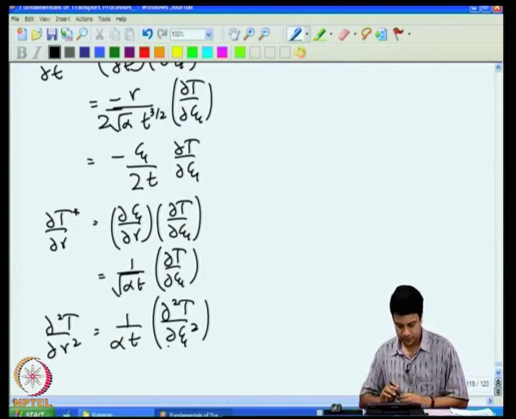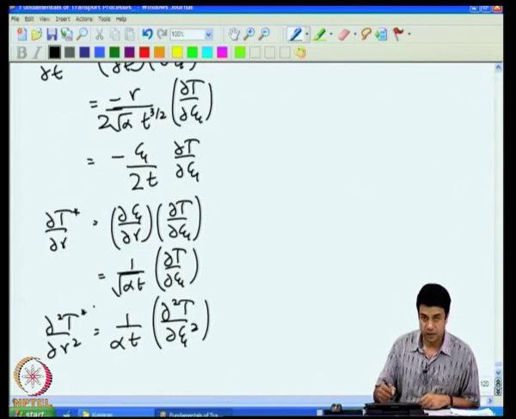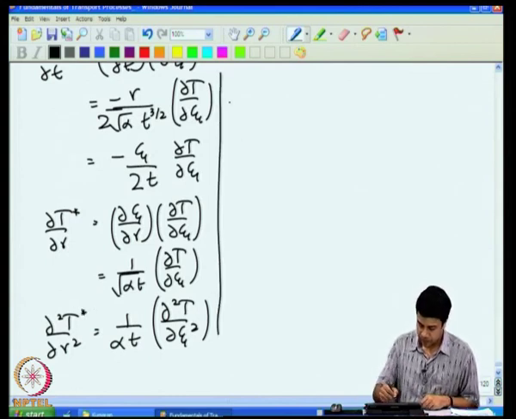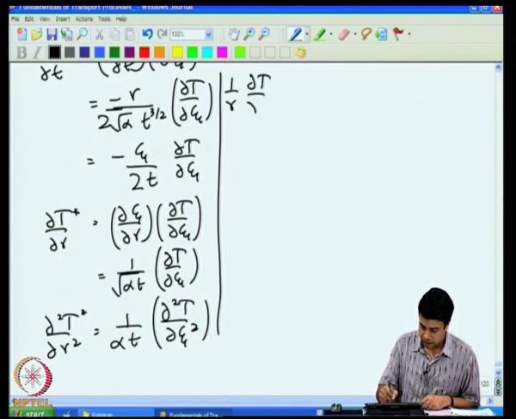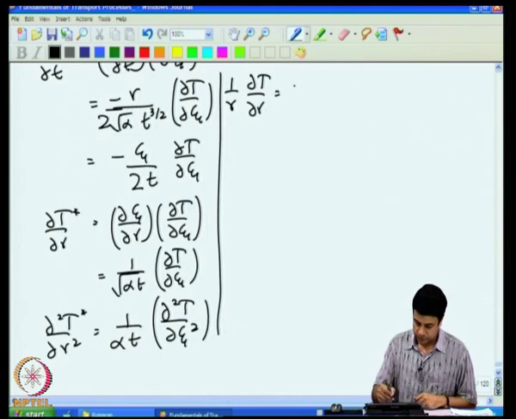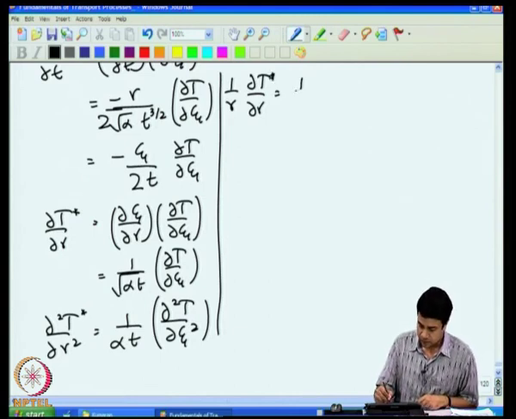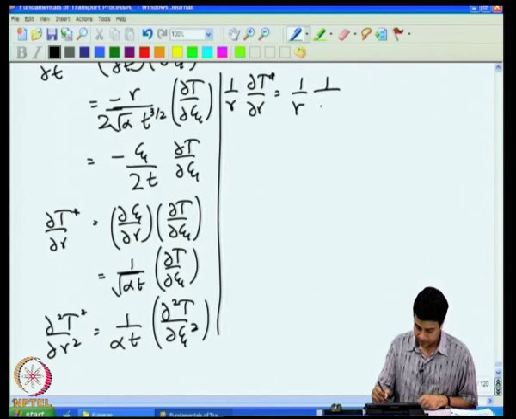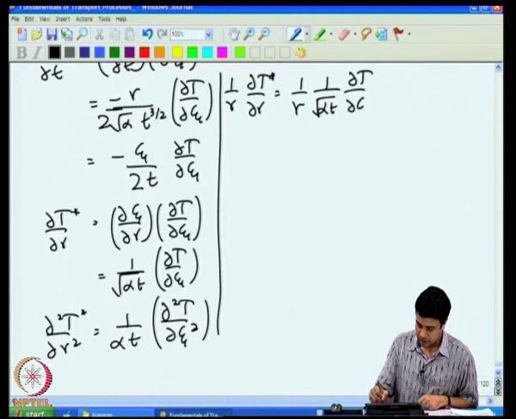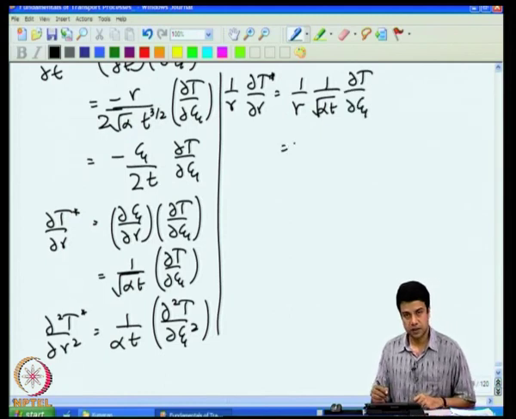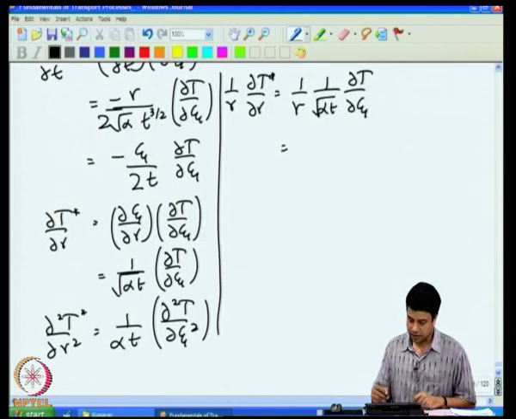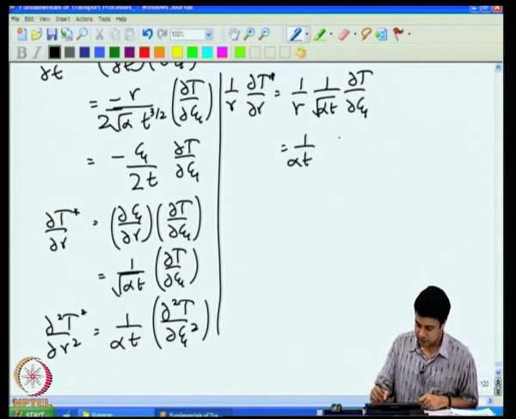Okay. In addition, I have also a term that is proportional to 1 over r dT by dr, which will be equal to 1 over r times 1 by root of alpha t dT by d psi, which since r is equal to square root of alpha t times psi, I can write this as 1 by alpha t times 1 by psi dT by d psi.